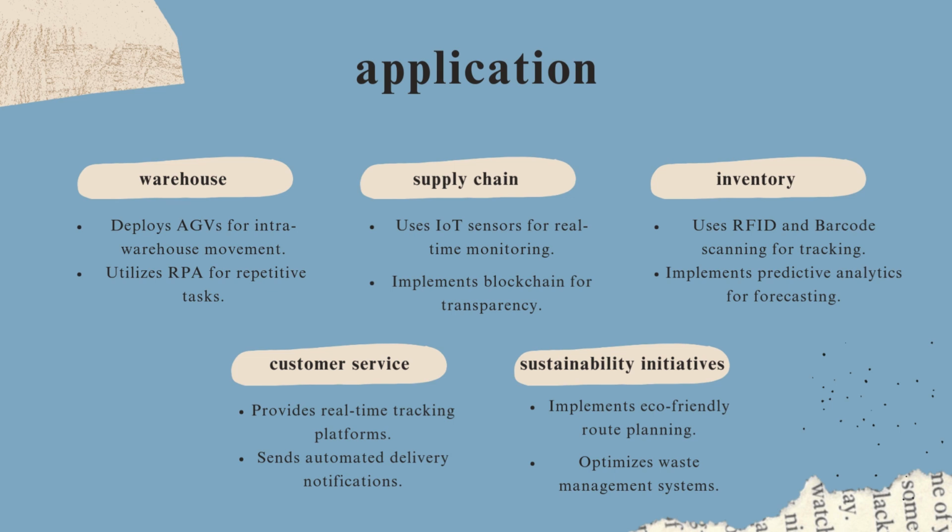And the third is inventory. Inventory uses RFID and barcode scanning for checking. It also implements predictive analysis for forecasting. And the last 2 points are customer service and sustainability.